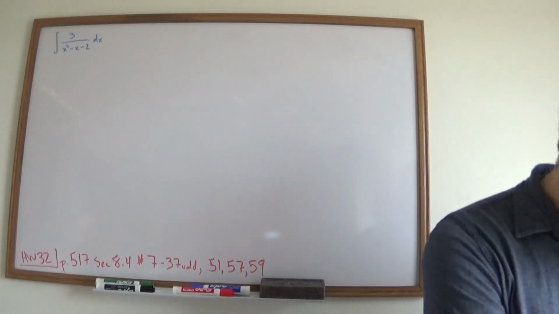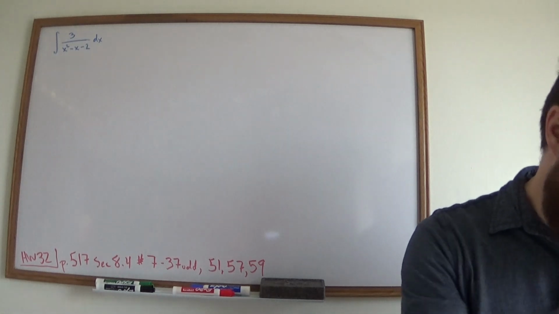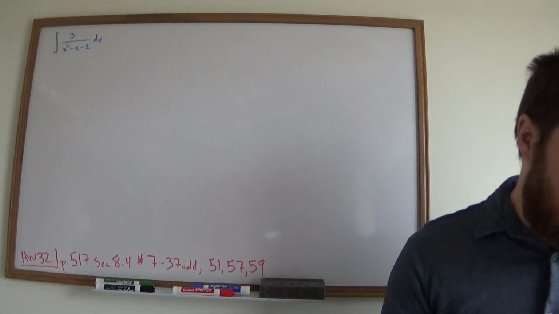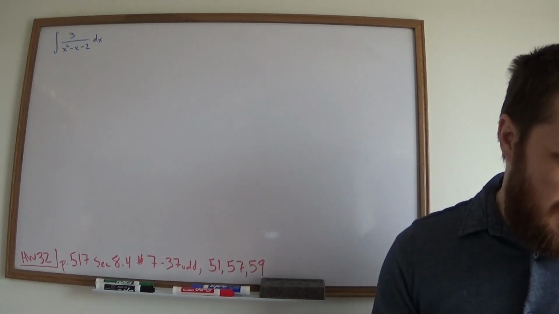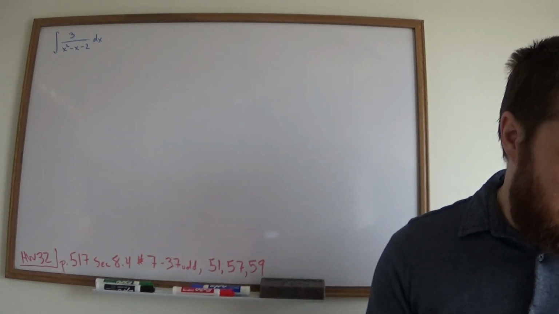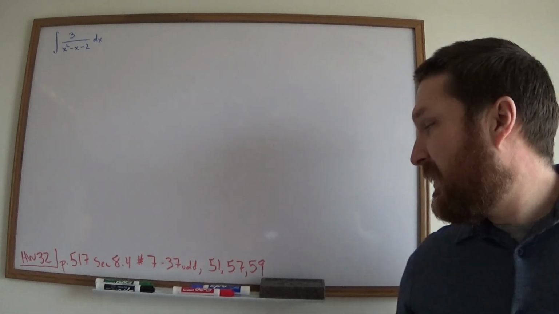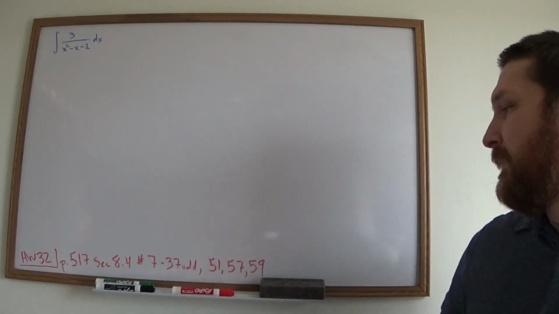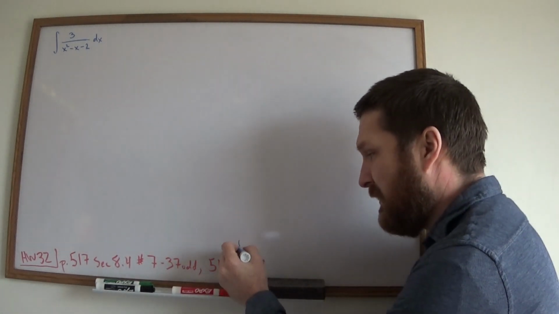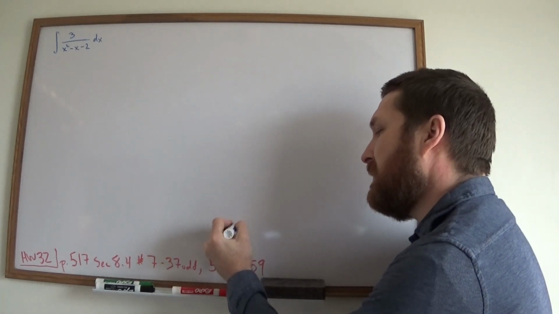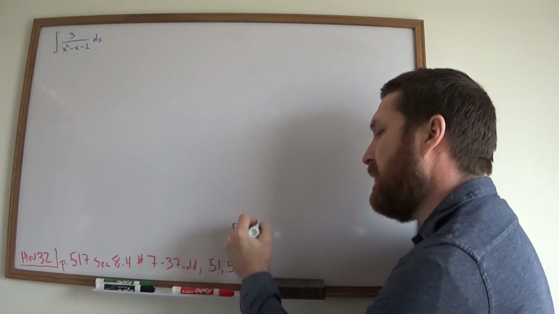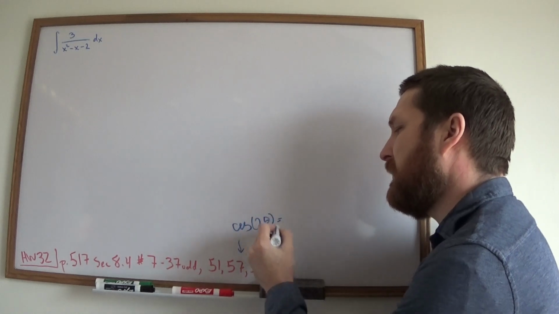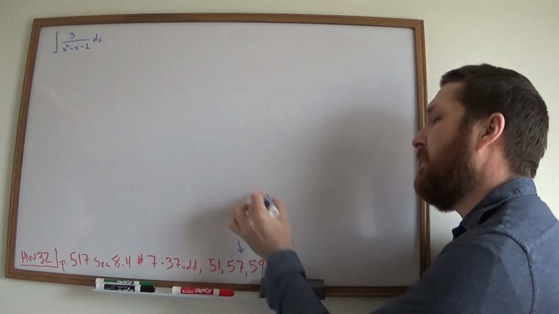You have to do 57 in order to do 59. They can be tricky, but one thing you'll want to remember for 57 is cosine 2 theta, and remember where this comes from.